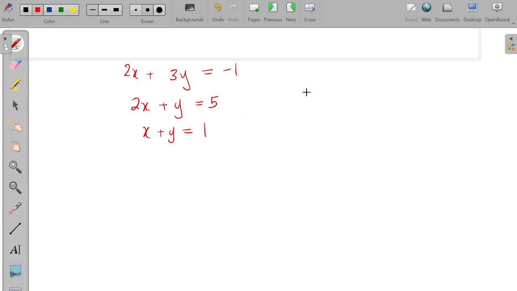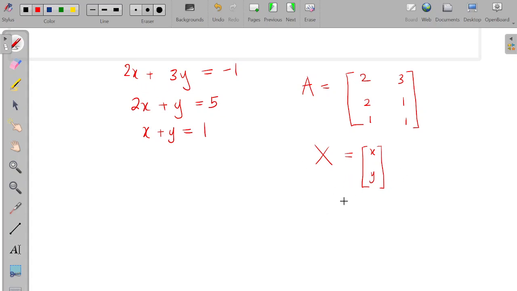But let me first write it like this. Our coefficient matrix from here is 2, 3, 2, 1, 1, 1. Our matrix X in this case is X and Y. Don't forget, it's not X1, it's not X2, it's X and Y. So you follow what is given.